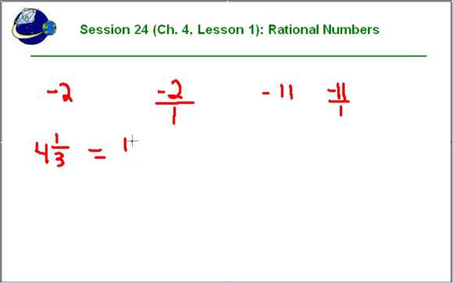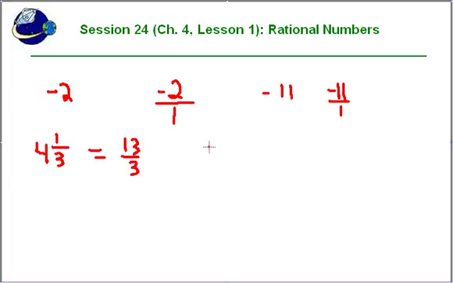So your new numerator is now 13, and then you keep the same denominator that you had in the original fraction. So the question is, once again, is 4 1/3 a rational number? Yes, because it can be written as the quotient of two integers, and the quotient is 13 divided by 3.